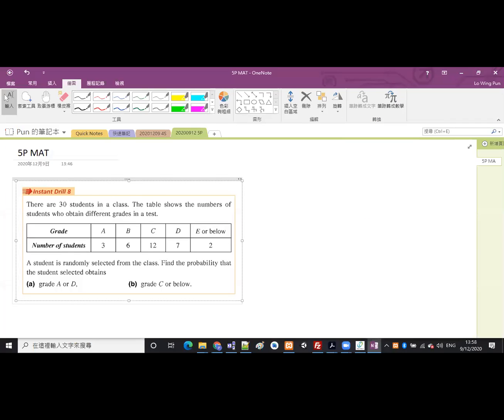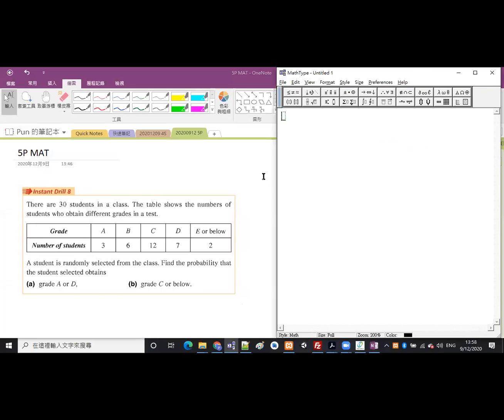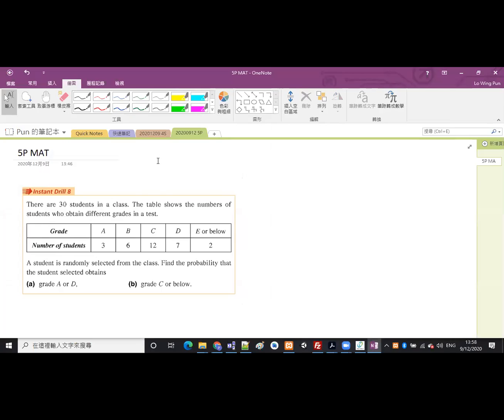So yesterday we were talking about probability. When we have P(A or B), it is equal to P(A) plus P(B) minus P(A and B). This is the main theory we learned yesterday.